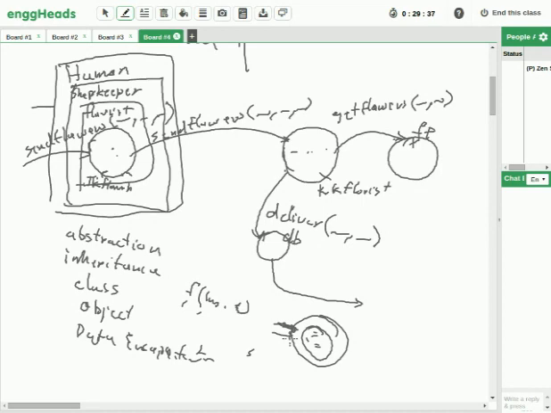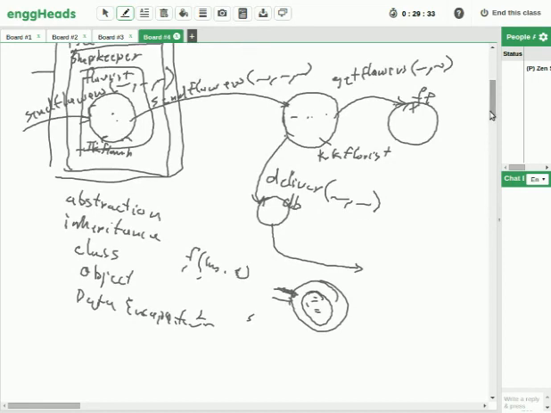Fine. And then one more thing, from the object-oriented programming point of view, we have polymorphism. Yeah, what is polymorphism?